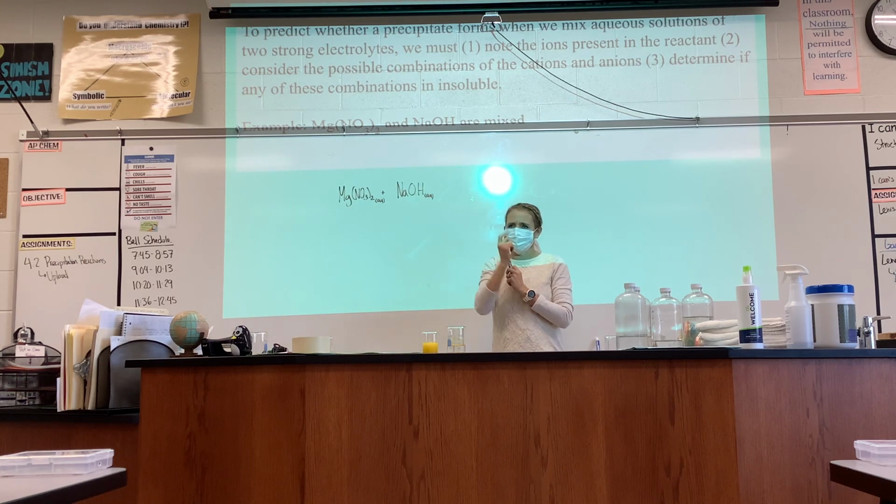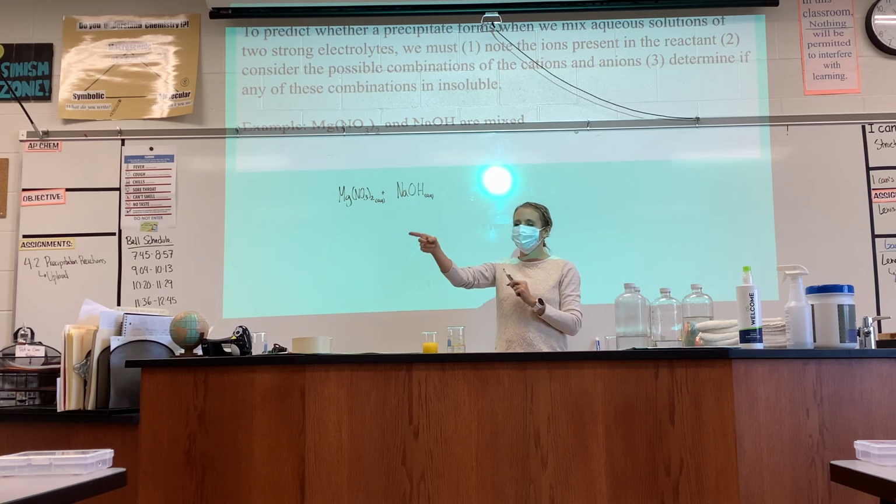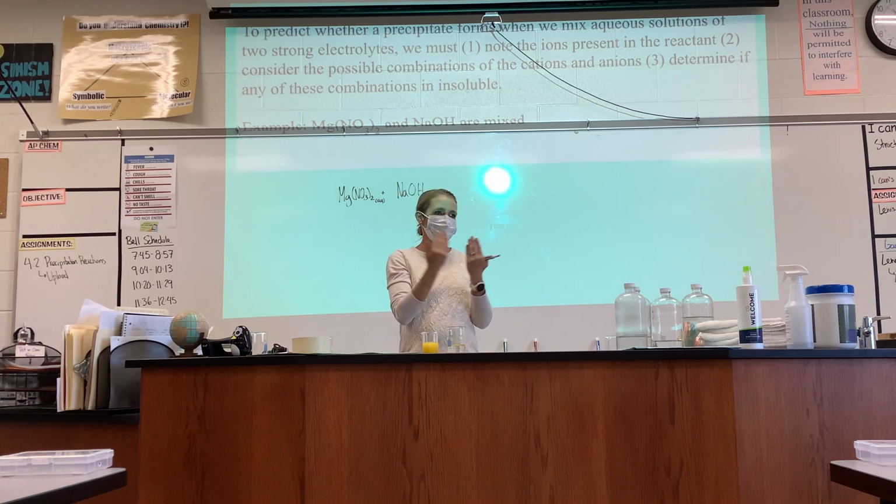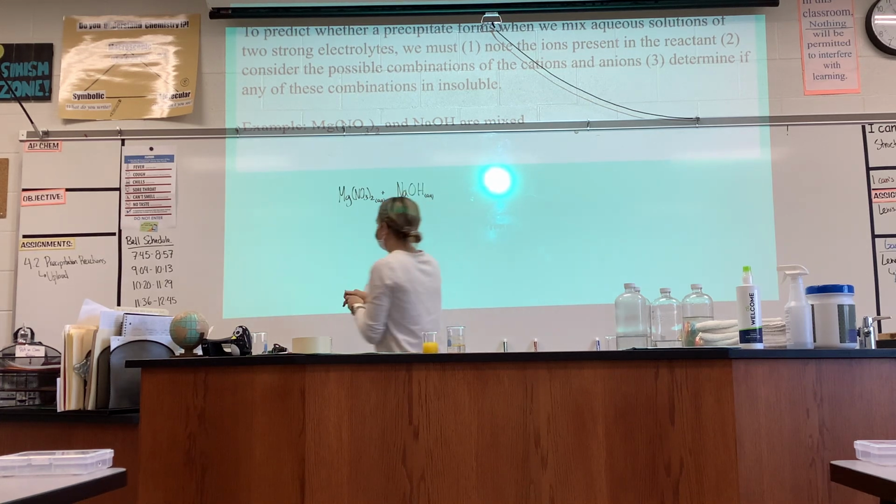Magnesium will never dance with sodium. Anyone know why? Look up here on our table. Why would magnesium never dance with sodium? There we go. They're both positively charged, and two positive things aren't going to come together. Good.